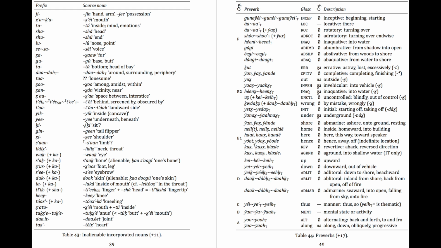I did. Okay. We'll probably start with the one called the Crippen charts. It says incorporated nouns and preverbs. I'm trying to get Illuminate to launch. There's two of each, I think.